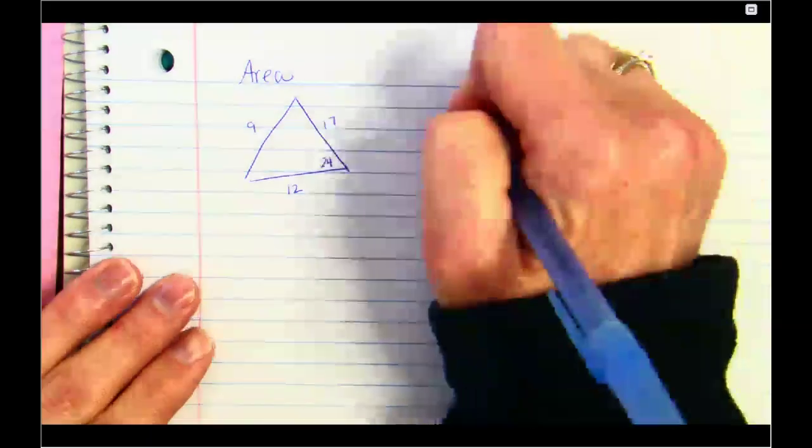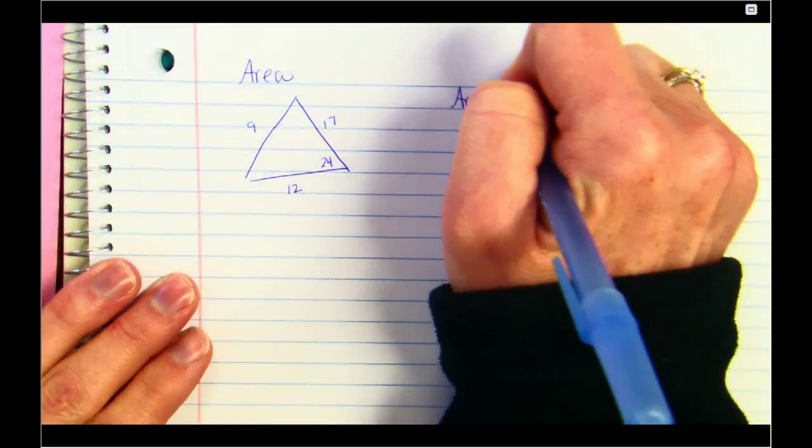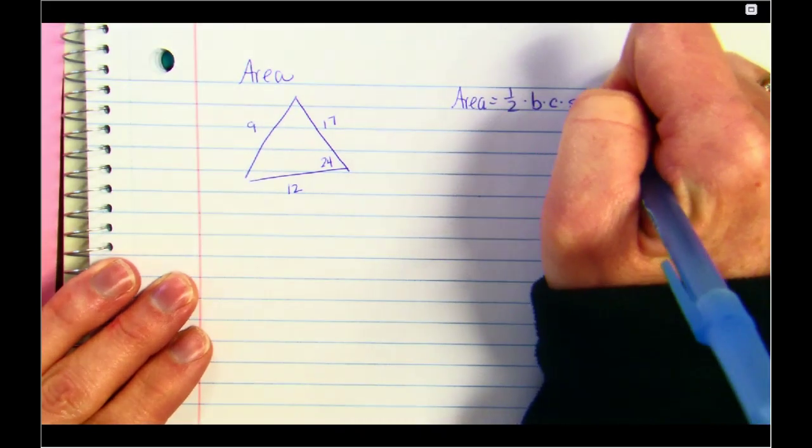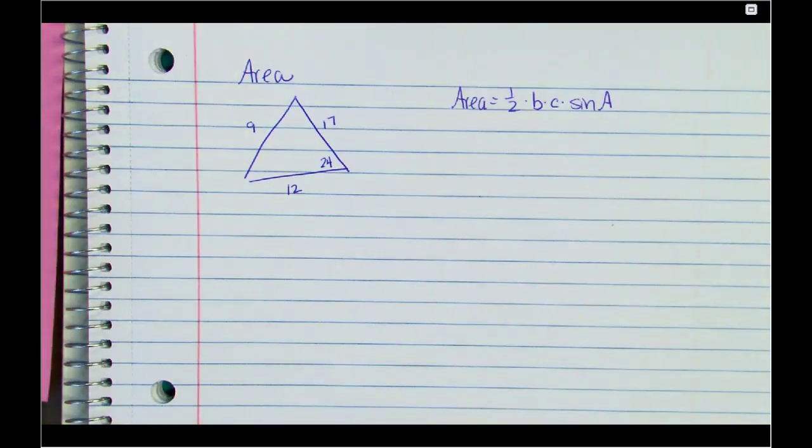The formula for area is 1/2 B times C times sine of A. Even if I have labeled this with other letters, you rename it how you want. There's no rule that says it has to stay named how I named it, as long as you name it appropriately, like we talked about yesterday.